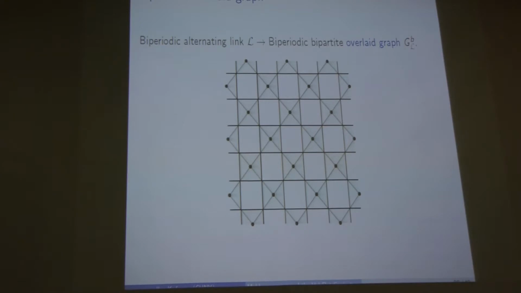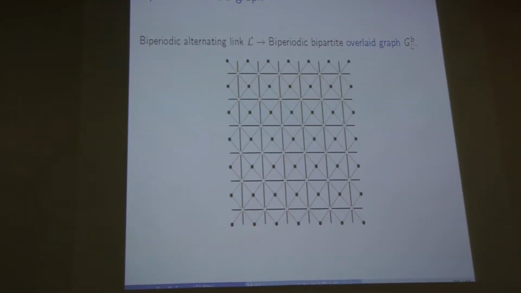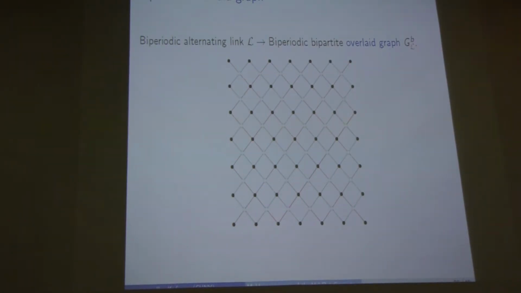Then that corresponds to a different Tait graph. If you overlay the two Tait graphs, this is the bipartite graph, then throw away the projection graph, you get a biperiodic overlaid graph. If you remember the fundamental domain, you get the toroidal overlaid graph. Okay? So that's the construction.